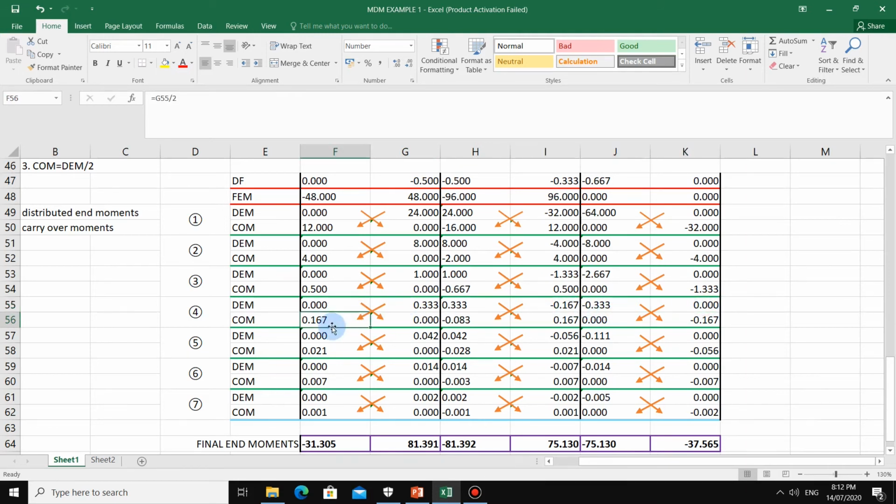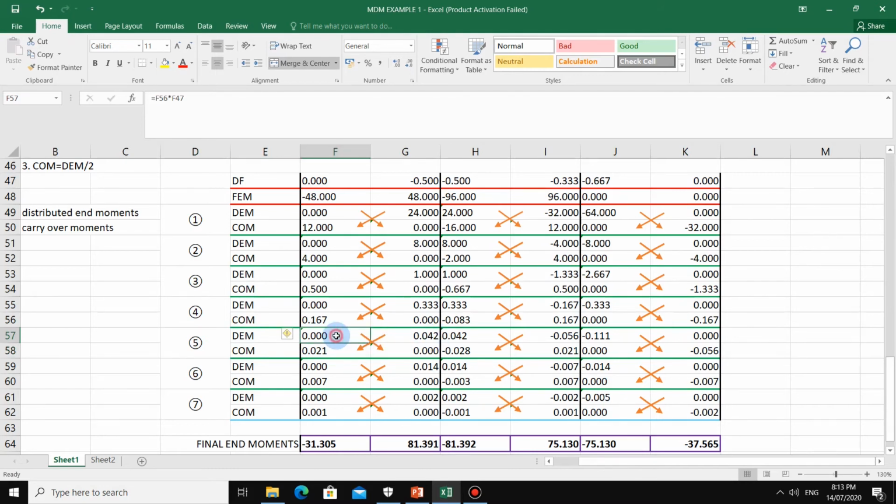So the CUM carries over 1/2, then partially lock with a single line, the green one. Then again evaluate joint B and joint C. So we get negative 0.83 for joint B. For joint C, there is 0.167. Then proceed to the fifth cycle.